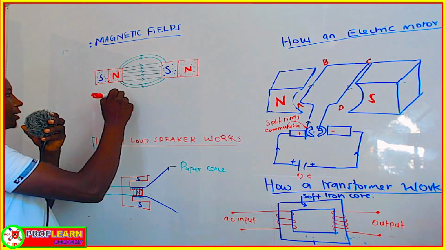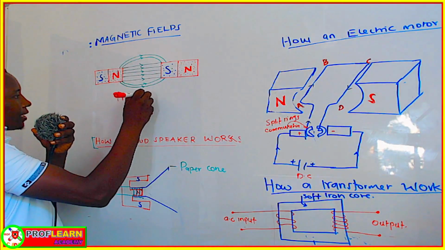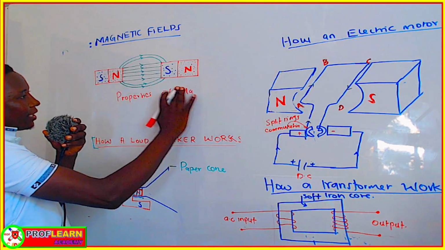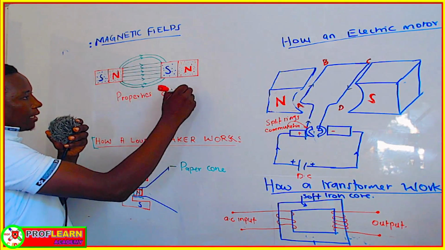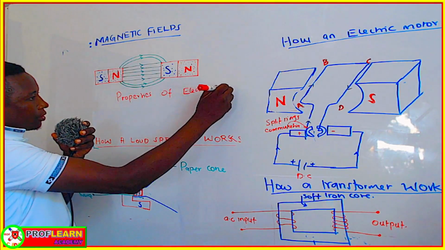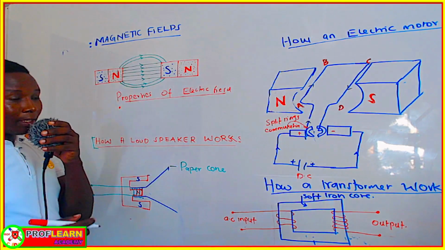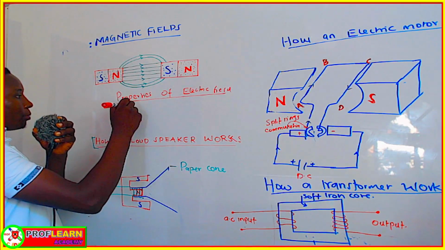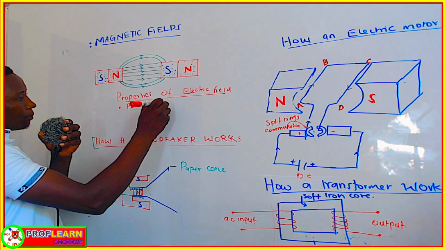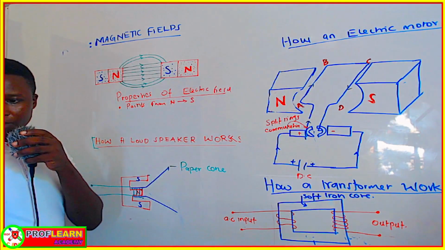Some of the properties of magnetic fields that you need to understand. Number one, the fields always point from north to the south pole.